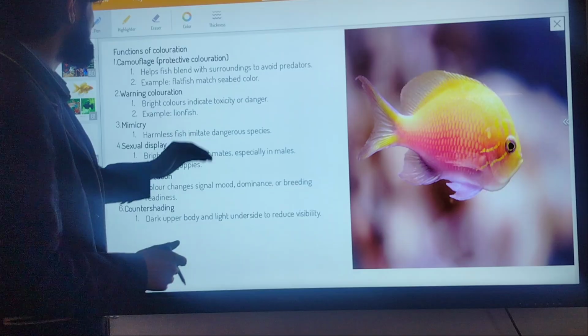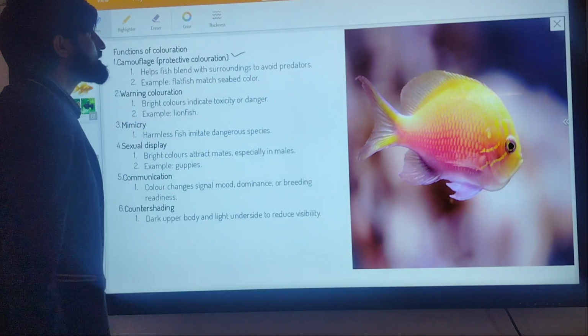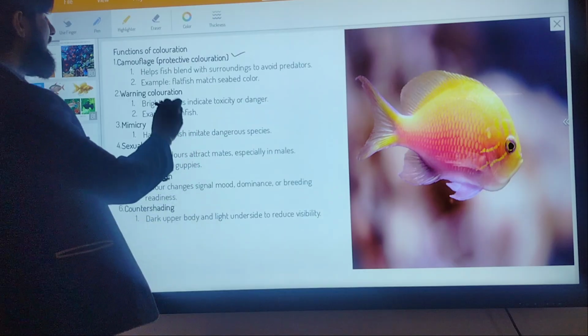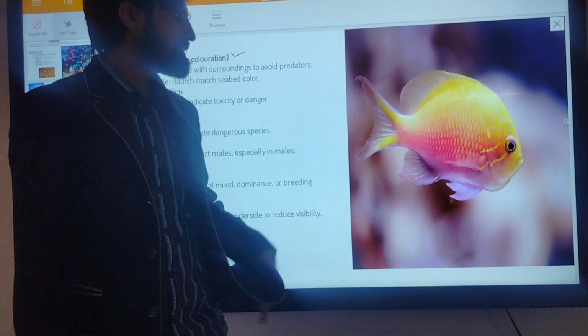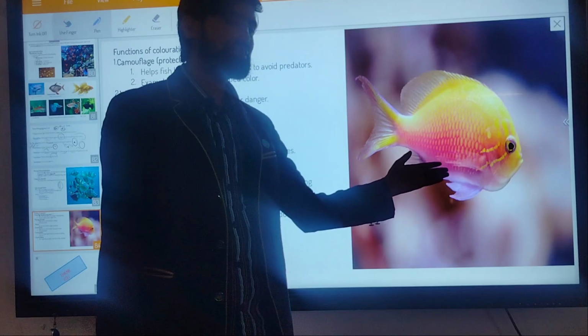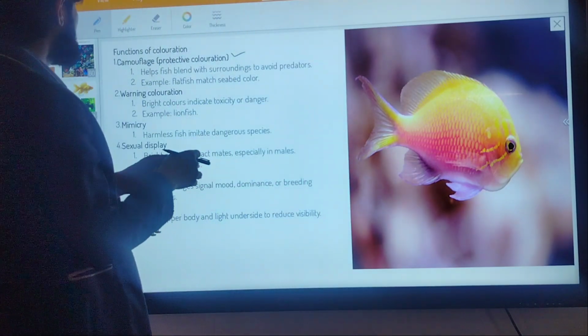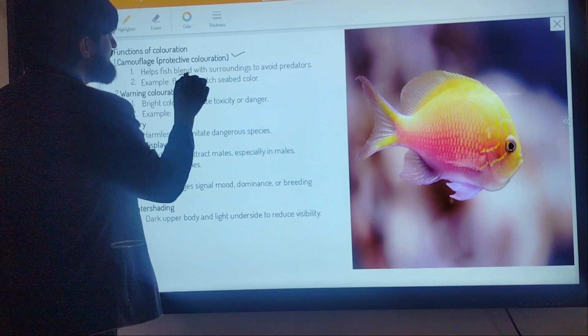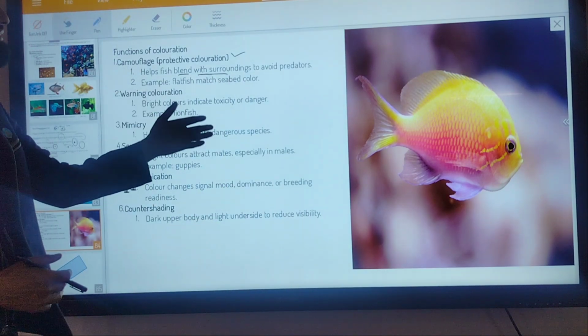Functions of coloration. The first one is camouflage, protective coloration. It helps fish blend with surroundings to avoid predators. Once they see danger in front of them, what are they doing? They blend with surroundings to avoid predators.